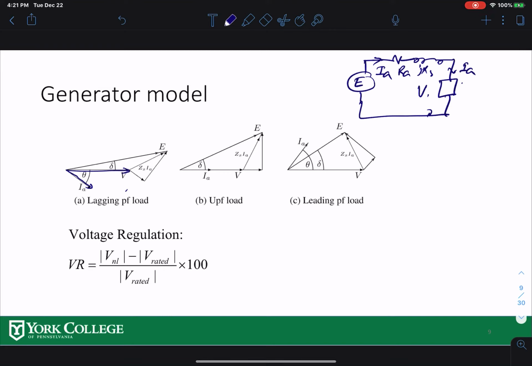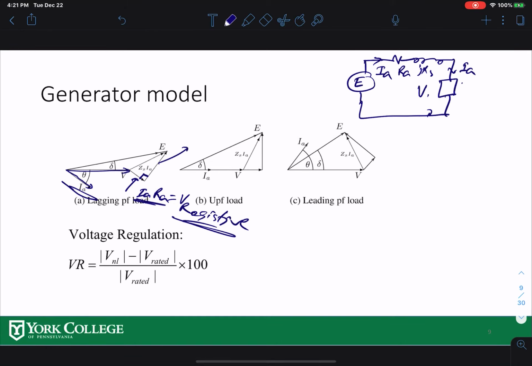So this is the resistive drop, IA RA, in phase with IA. Then the drop in the inductance makes a 90-degree angle to the current.